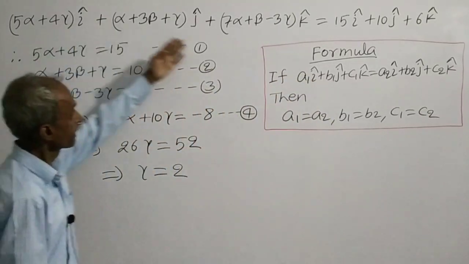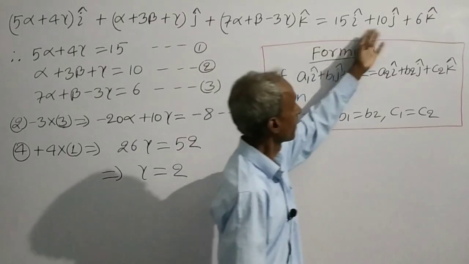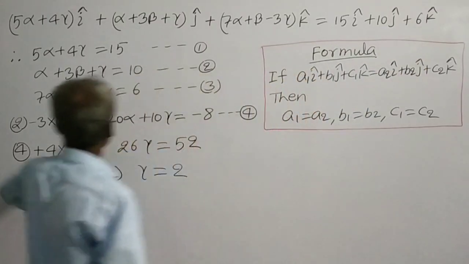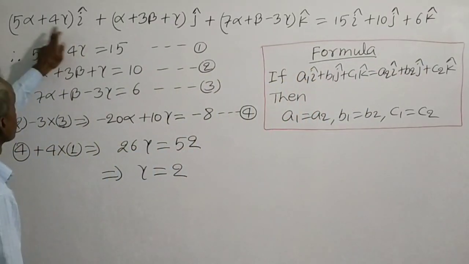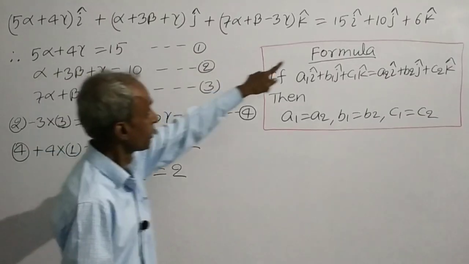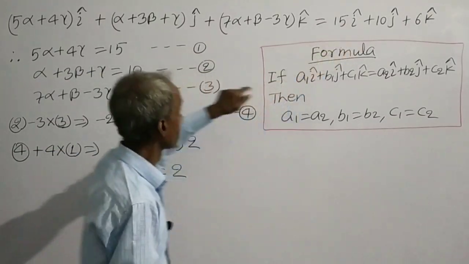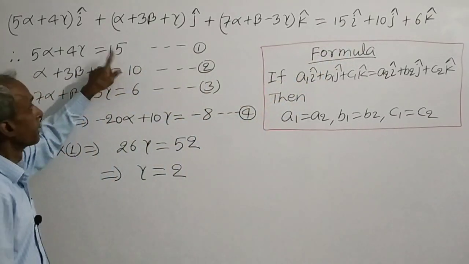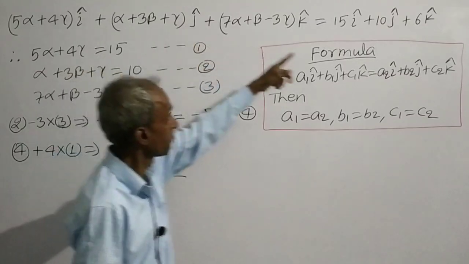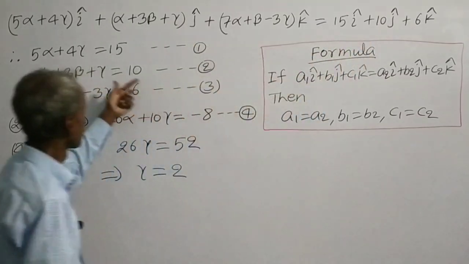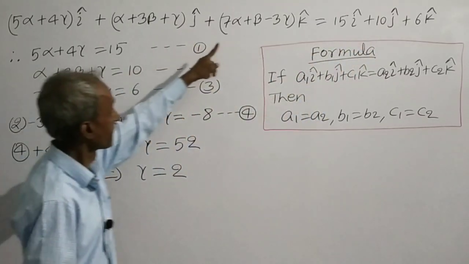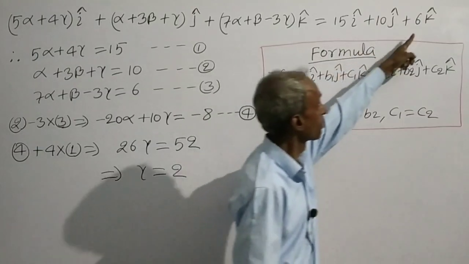Here this vector is equal to this vector, therefore the coefficient of I will be equal to the coefficient of I. Similarly, this will be equal to this, and this will be equal to this.